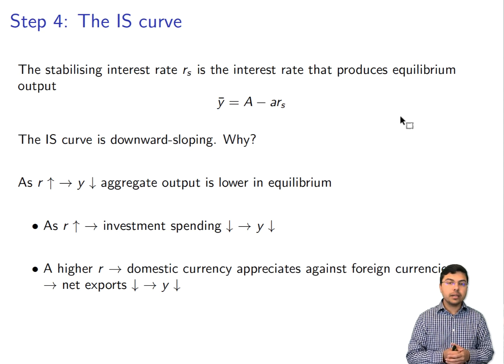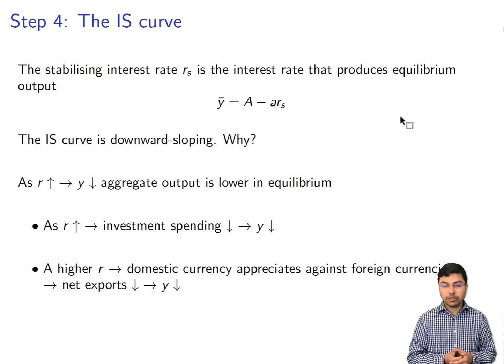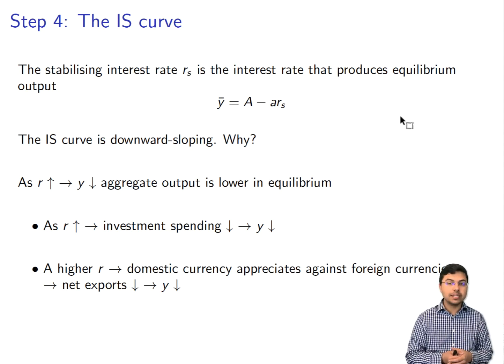And why does the aggregate output fall as real interest rate increases? One reason is because as R increases, this causes businesses to reduce the investment spending as borrowing is more expensive in real terms. As a consequence, aggregate investment goes down, and as a consequence, aggregate output goes down.